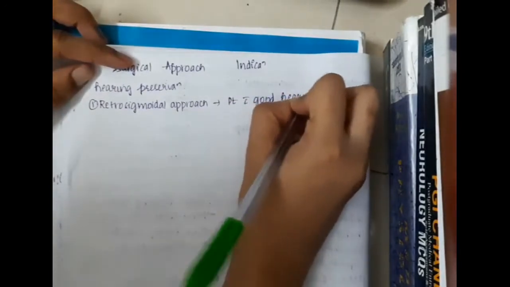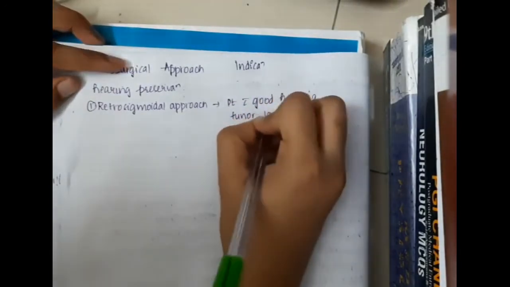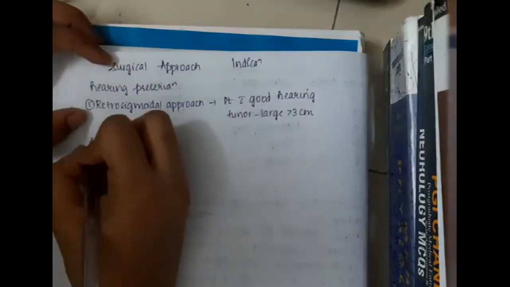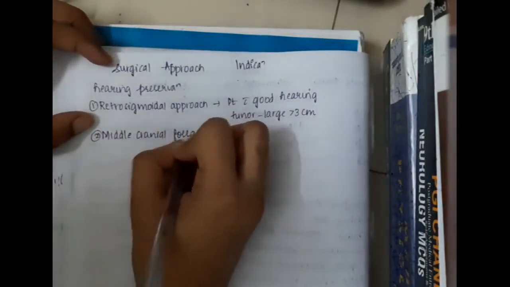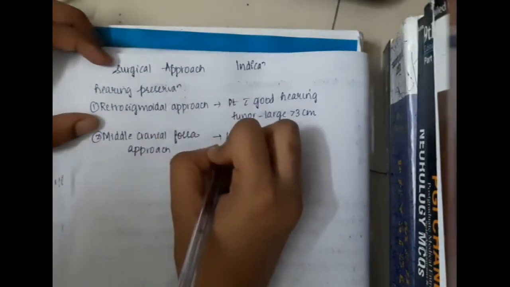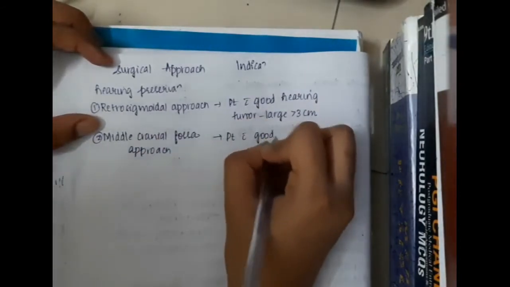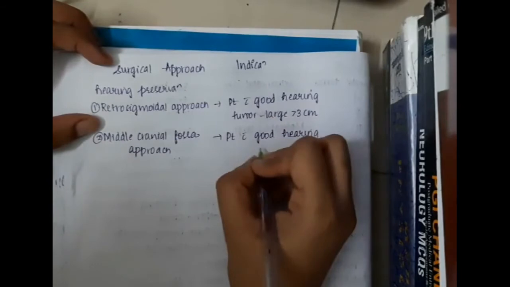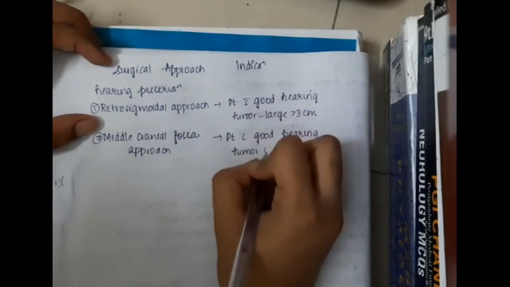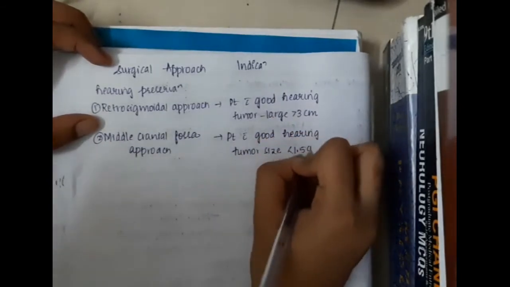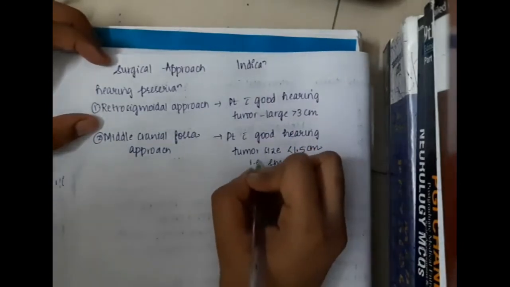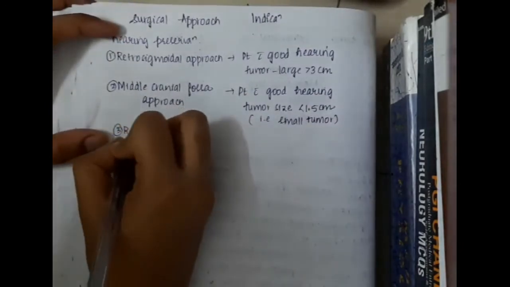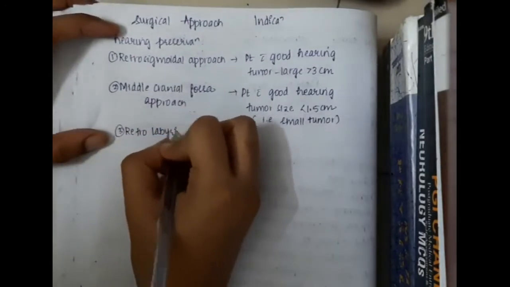This is indicated for patients with good hearing when the tumor is large, more than 3 centimeters. Second, we can do the middle cranial fossa approach if the patient has good hearing and the tumor size is less than 1.5 centimeters.